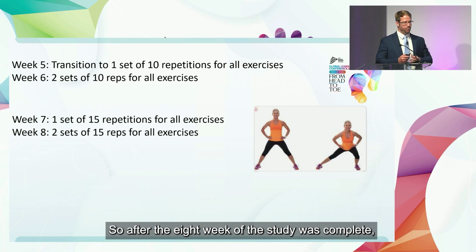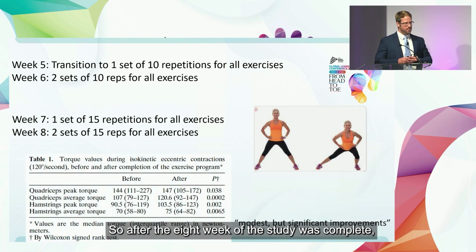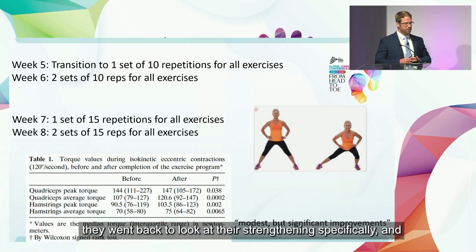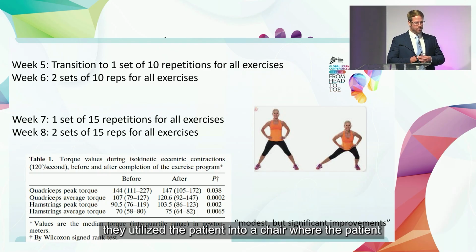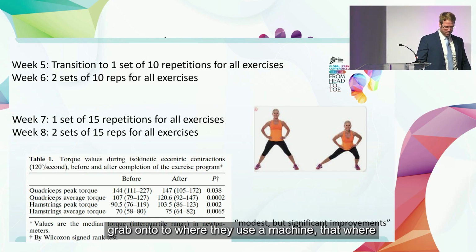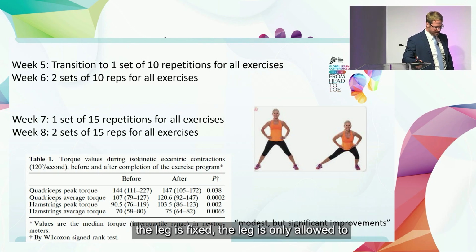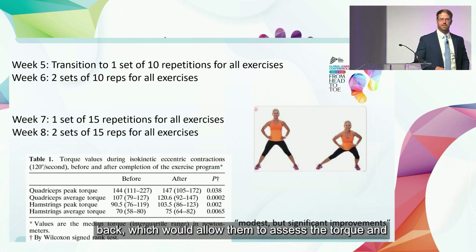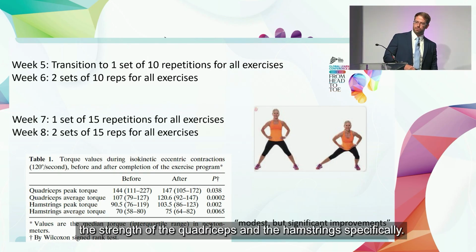After the 8th week of the study was complete, they went back to look at their strengthening specifically. They put the patient into a chair where the patient is seat belted, and they have handles that they can grab onto, using a machine where the leg is fixed and only allowed to move at a certain speed for kicking out and pulling back, which would allow them to assess the torque and the strength of the quadriceps and the hamstrings specifically.